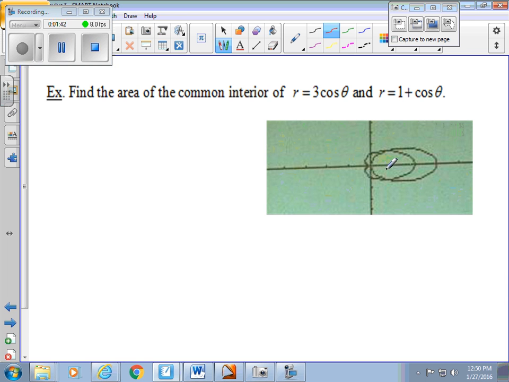I am looking for that common interior. And if I start drawing slices of, remember, the way that we calculate area is by tiny pie-shaped slices. It turns out I could do the area from here to here just by doing slices. Would you agree with that?